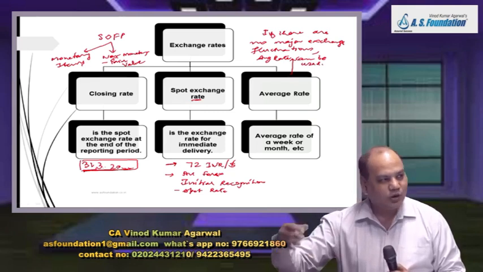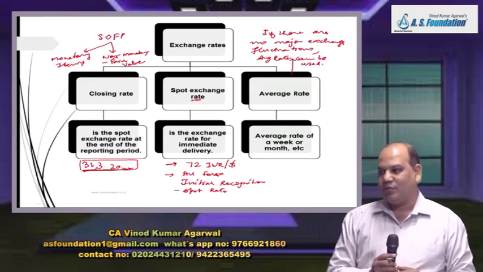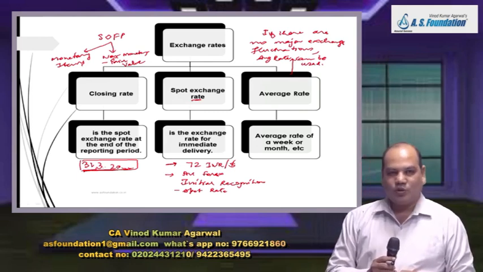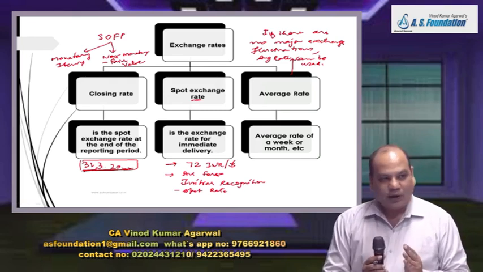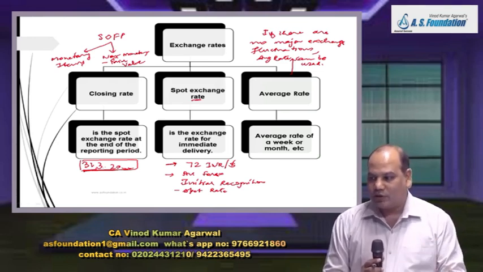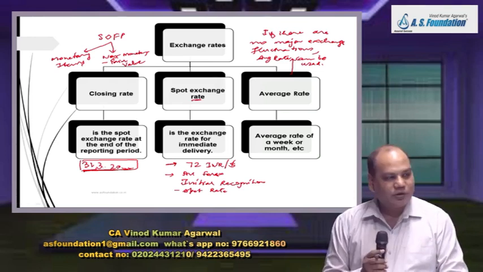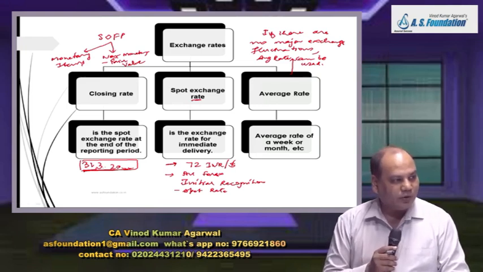If you are exporting on a regular basis, every day you are exporting goods to a US customer, then you can take the average rate of that week and all the export transactions of that week, you will convert at average rate.